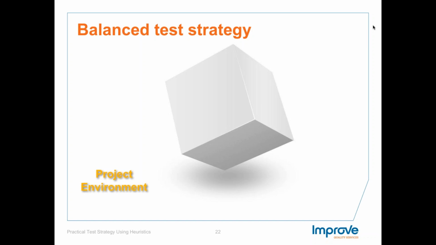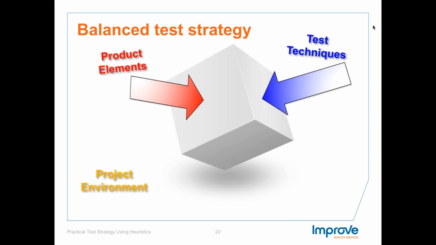Think about what's important. What do I have? What do I need? What do my stakeholders need? And then have a look at the product from different sides using product elements, test techniques, and quality criteria. Looking from all these different angles helps me think of a balanced test strategy.